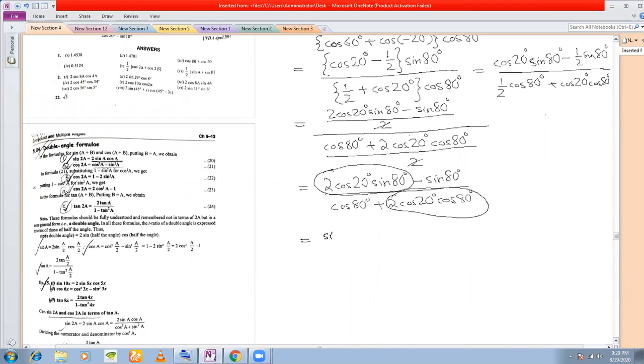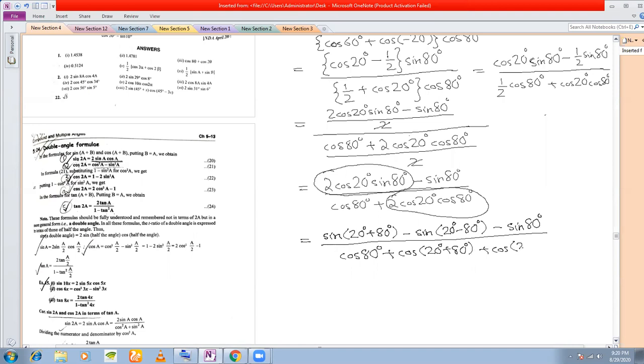So this becomes sin(a plus b) minus sin(a minus b), that is sin(20 plus 80) minus sin(20 minus 80), and this is minus sin 80 degree. This entire thing, cos 80 we write as it is, and this is cos(a plus b) plus cos(a minus b), 20 minus 80.